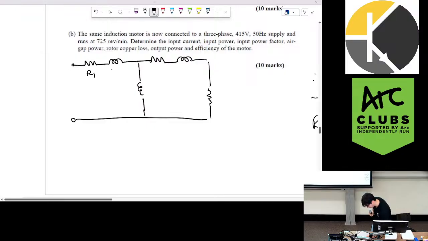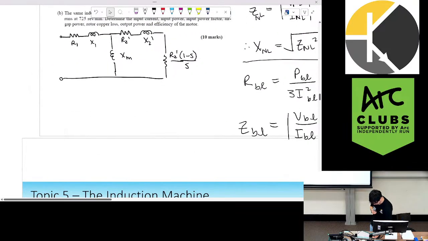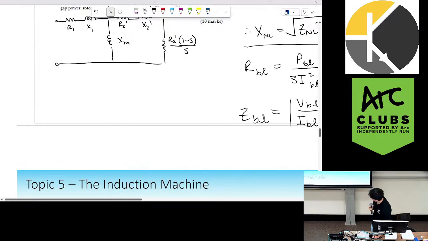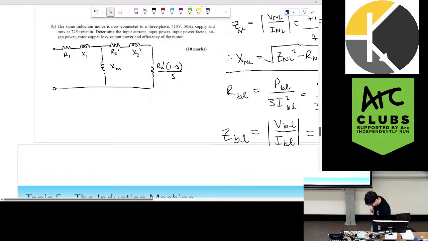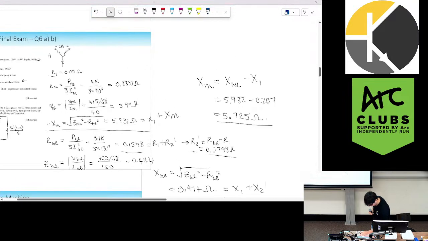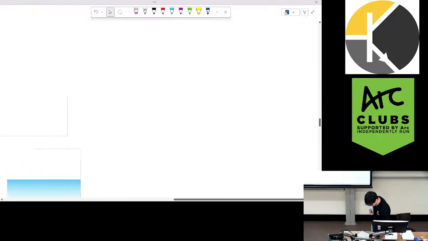So we have R1, X1, XM, R2 dash, X2 dash, R2 dash, 1 minus S over S. Actually, we might not have enough space here, so I will move this over. I guess I'll do it up here.